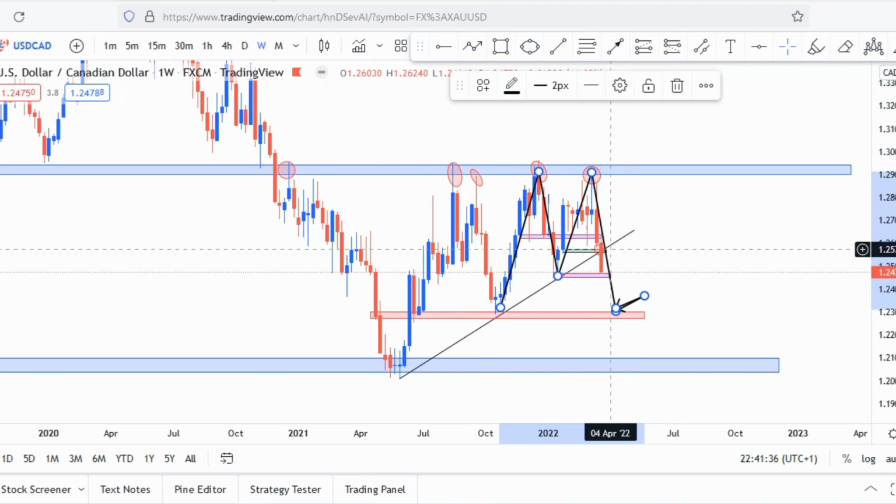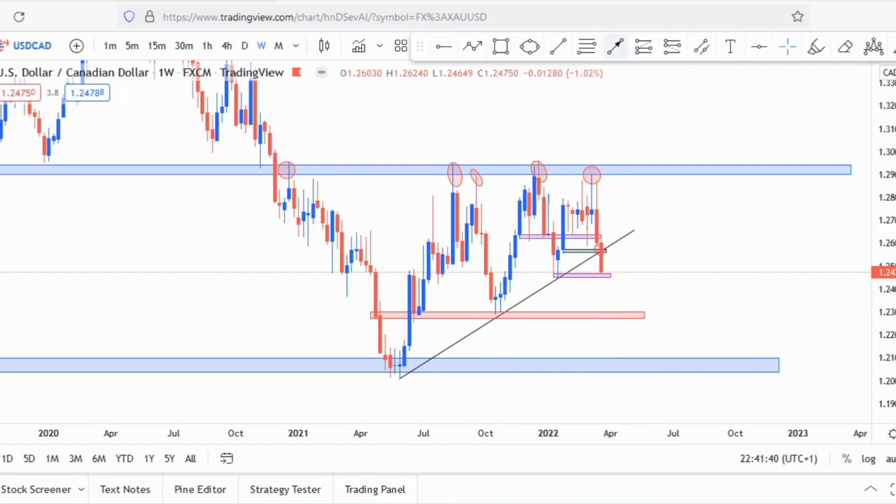There's a possibility that price could retrace a bit to the top, back to the trend line or this resistance level here, before making that down move. So if price makes this retracement, then when price gets to this resistance level, we're looking to take our sell trade from there all the way to the bottom part, the 1.23 area.